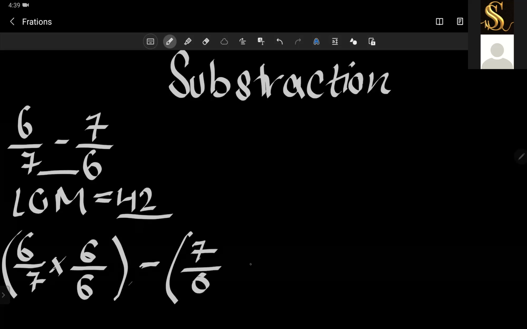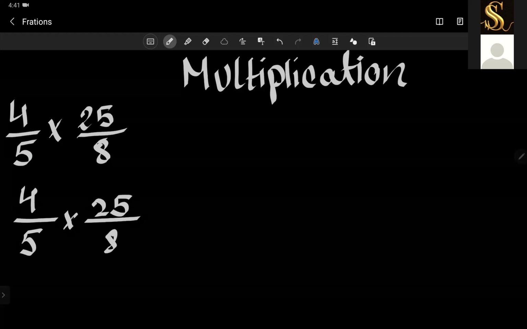Now for multiplication, I have taken the fractions as 4 upon 5 into 25 upon 8. In fractions, if you see opposite numbers like 25 and 5 here that have the same factor, I can cut these two.